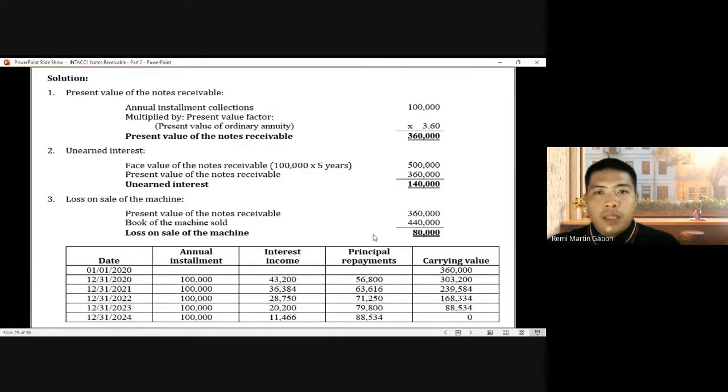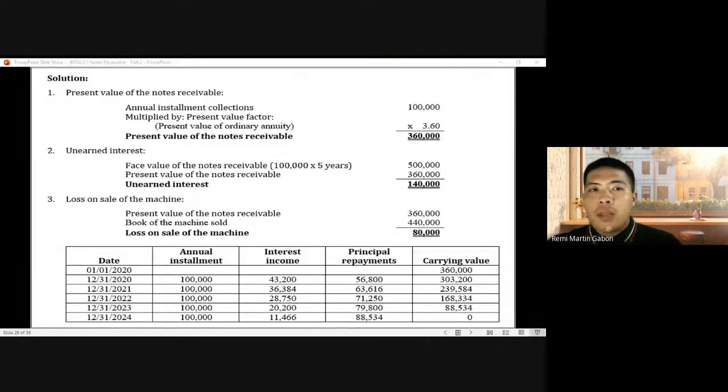Since we already have columns for installment payment and principal repayments, we can say that unearned interest stands for the interest and the present value stands as the principal amount.